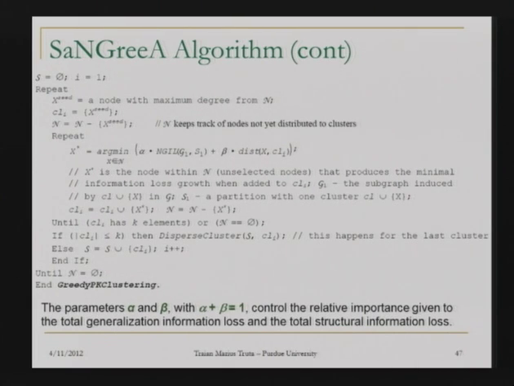If we look only at the structure, beta will be 1 and alpha will be 0. If we want to use both, we use a value in between. And then we keep going until we have k elements. And then for the last cluster, we may be left with fewer nodes than k. We disperse this into other clusters to optimize again the information loss growth.